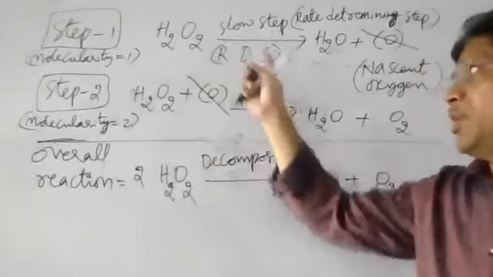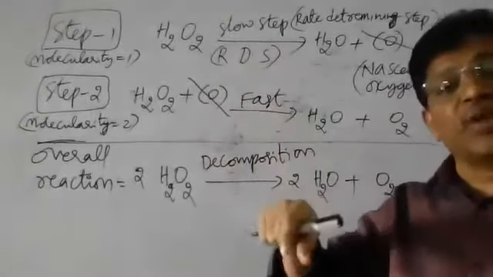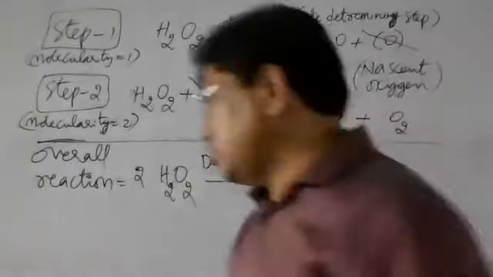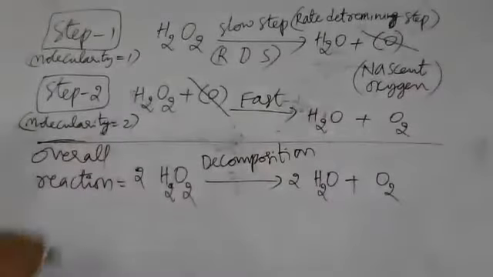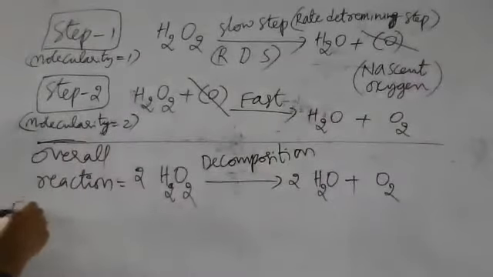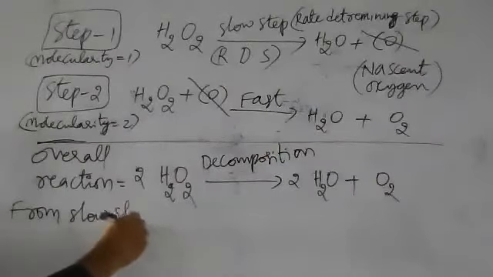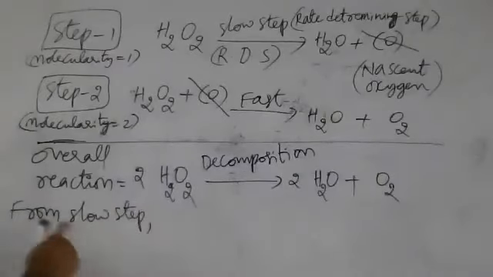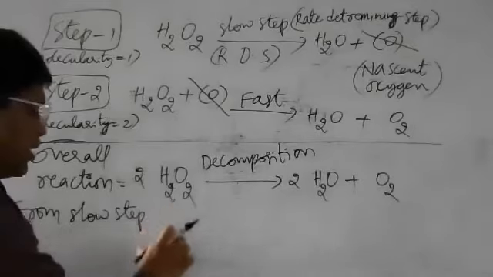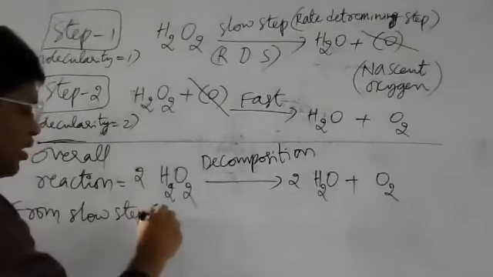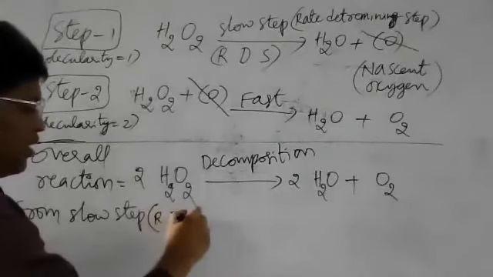And from slow step and fast step, from which one do we write order of reaction? Order of reaction from slow step here. So from the slow step, that is what? RDS. RDS stands for what? Rate determining step. Slow step is nothing but rate determining step.